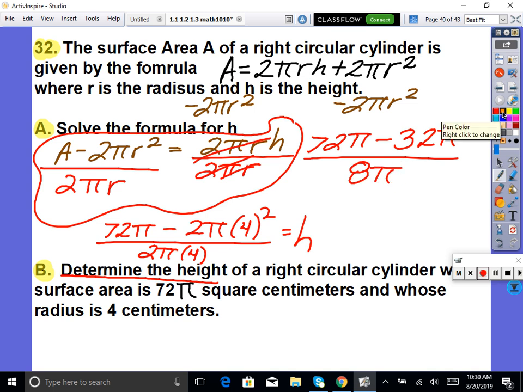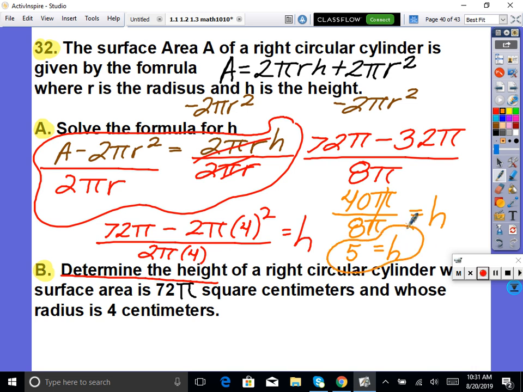Combine my terms in the top. 72 minus 32 pi's. 40 pi's, right, everyone? So on top we have 40 pi's, on bottom we have 8 pi's. That's equal to our height. What's 40 divided by 8? 5, and our pi's divide out. Height equals 5. Do you guys see how it wasn't hard? It was just plugging it in.